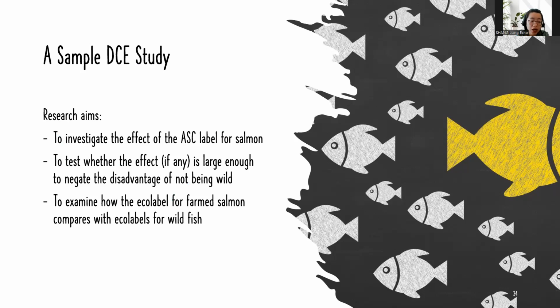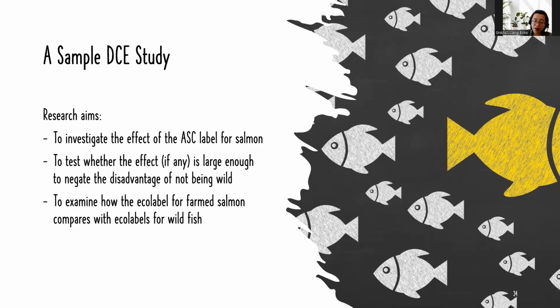And they also want to test whether the effect of having this label is large enough to negate the disadvantage of not being a wild product, because we know that people always prefer to consume wild products over farmed fish species. And the third research aim of this study is to examine how the ASC eco label for farmed salmon compares with the eco labels for wild fish. Which one is preferred, is more valued by consumers, by individuals.